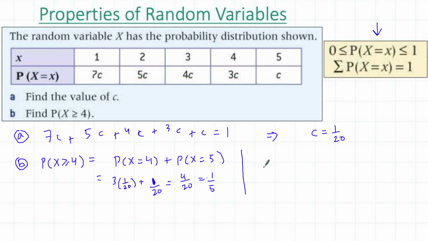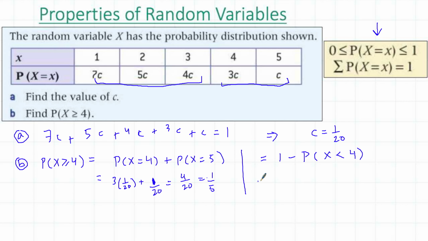Alternatively, just so I can explain this, although we don't need it here, if I'm looking at the probability of bigger than or equal to 4, it's the same thing as taking the complement of being less than or equal to 3. So notice I need these probabilities, which is the same thing as taking 1 minus these probabilities, because all the probabilities add up to 1. So the probability of being bigger than or equal to 4 is the same thing as taking 1 minus the probability of x being strictly less than 4.